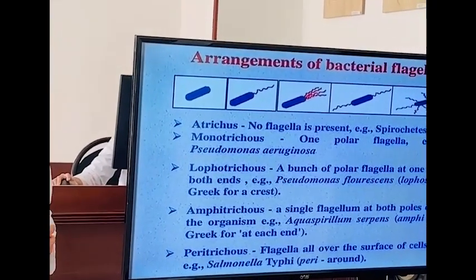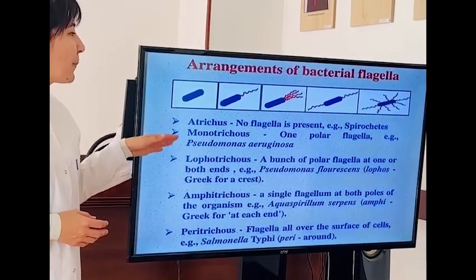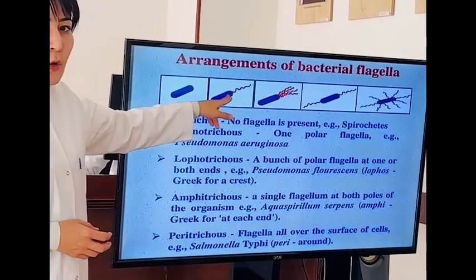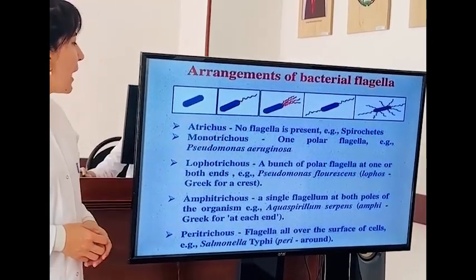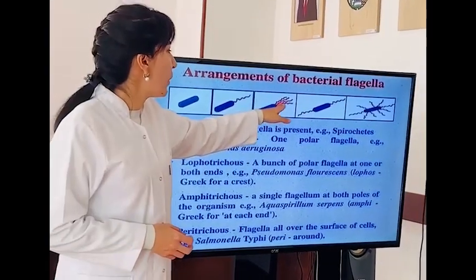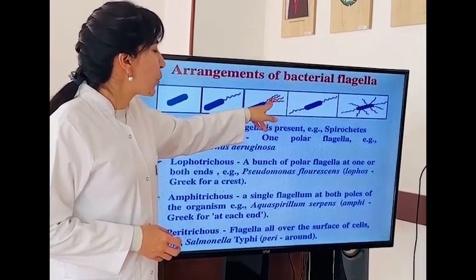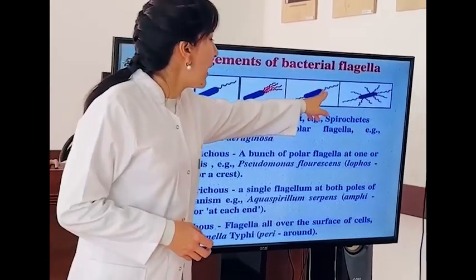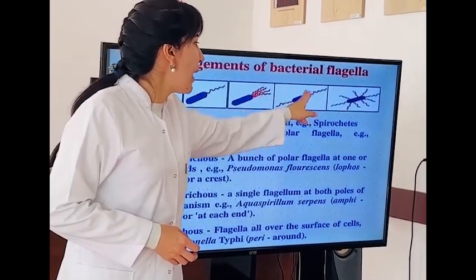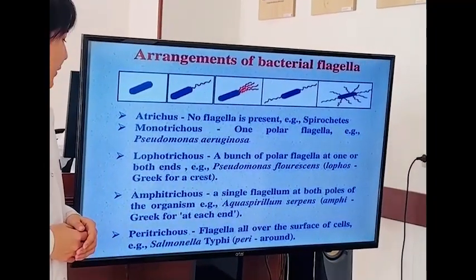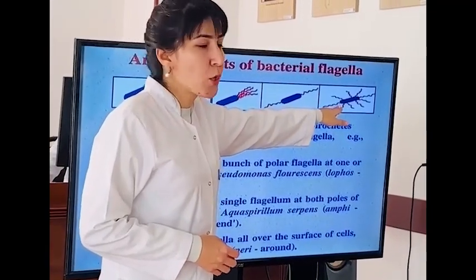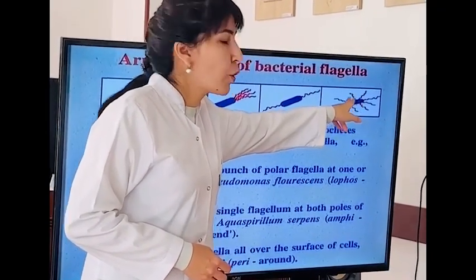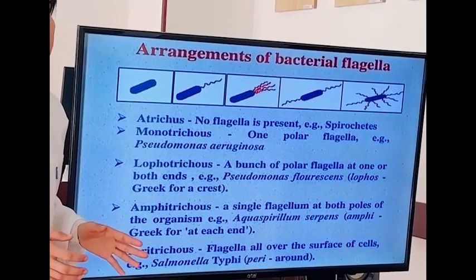Arrangements of bacterial flagella: we can see many types of flagella located on bacteria. For example, here we can see one flagellum, which we call monotrichous, and many flagella located on one side of the bacterium we call lophotrichous. Here, with one flagellum at two sides of the bacterium, we call amphitrichous, and if you see flagella all around under the microscope, we call it peritrichous. Peritrichous means many flagella located around the whole bacterium.